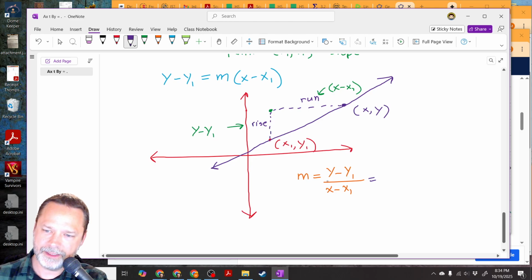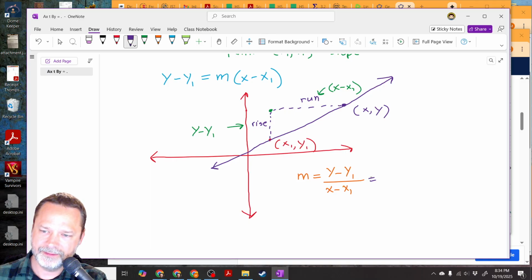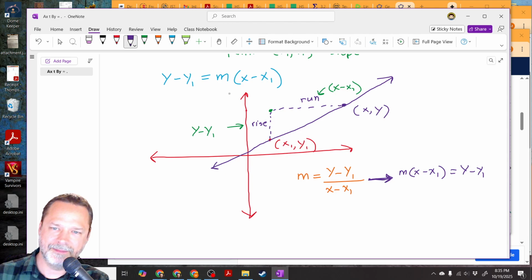So let's multiply both sides of this by x minus x1. I get m times x minus x1 equals y minus y1, which is the same as this.